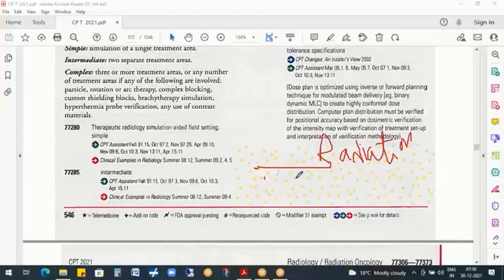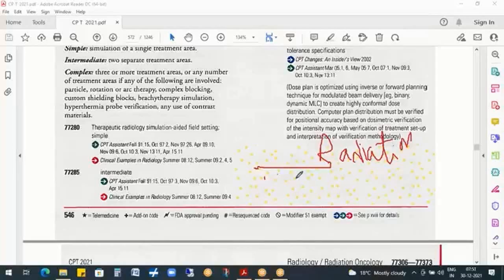For example, you are getting a question regarding delivery. What do you need to look for? Single area, two different areas, three different areas. That means the codes are based on simple, intermediate, or complex.